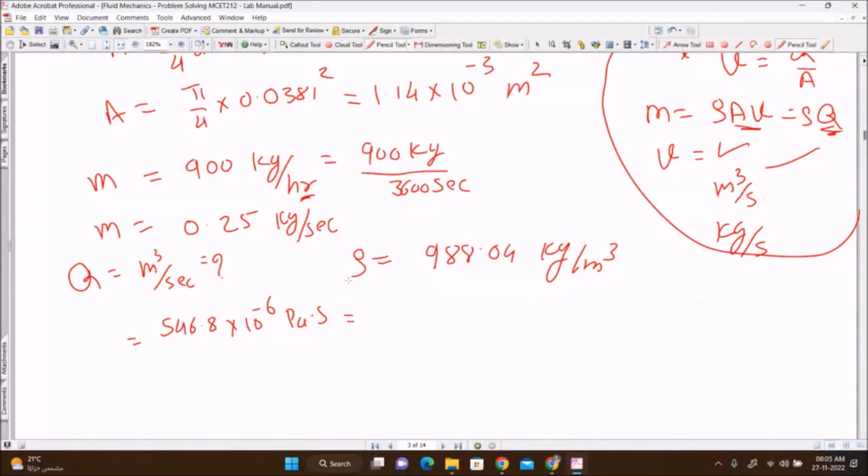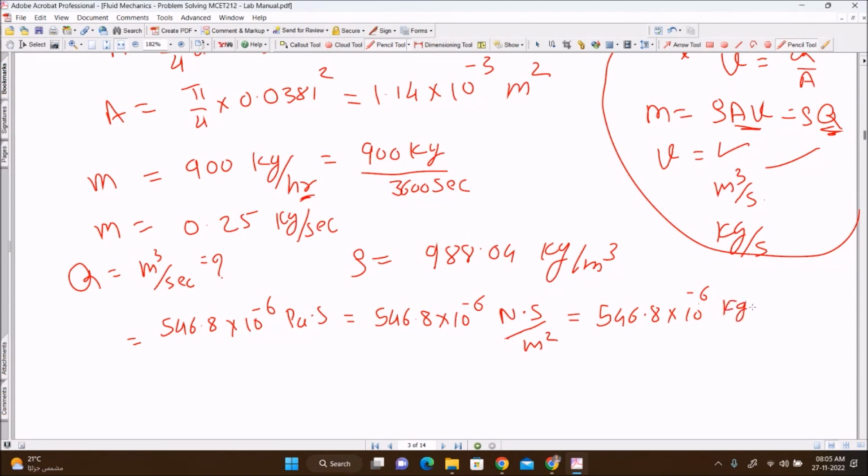I always need a basic unit. So 546.8 into 10 to the power minus 6 Pascal second, where Pascal is Newton per meter square. So this is a dynamic viscosity. What is Newton?